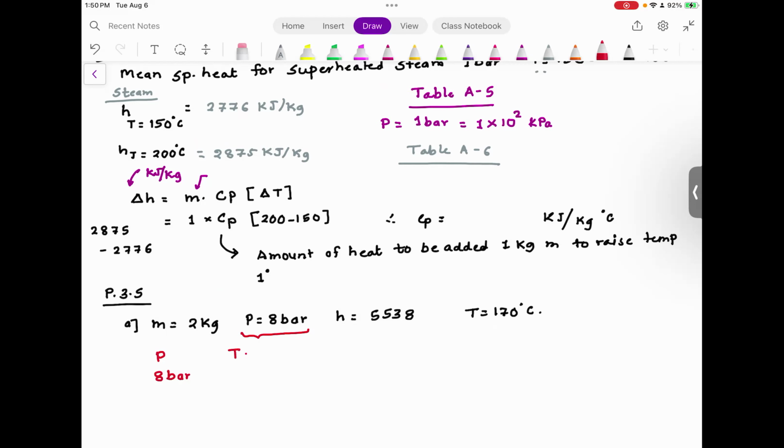What is Tsat? 170 degrees C approximately. Then what is the value of hf and what is the value of hg?